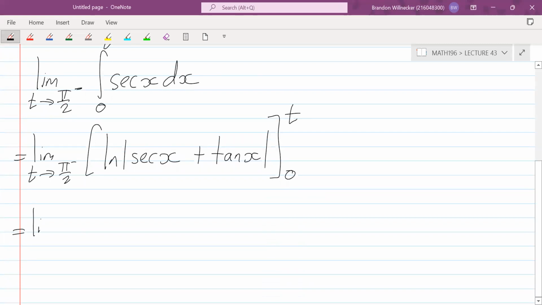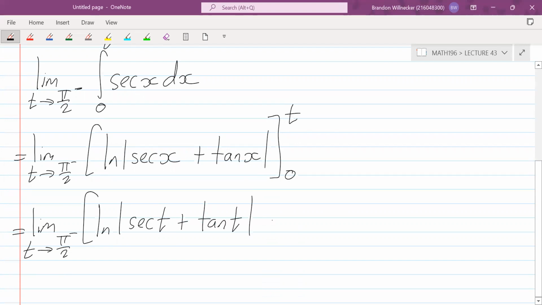So this is going to be the limit as t goes to pi over 2 minus. If we substitute t, we're going to get the natural log of sec t plus tan t, minus the natural log of sec 0 plus tan 0.